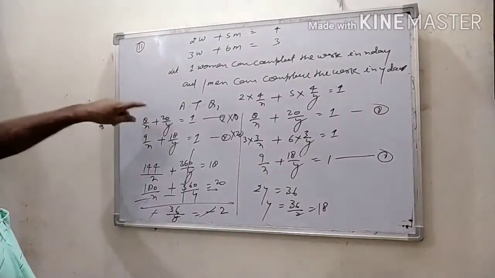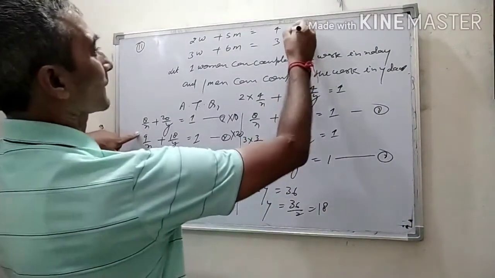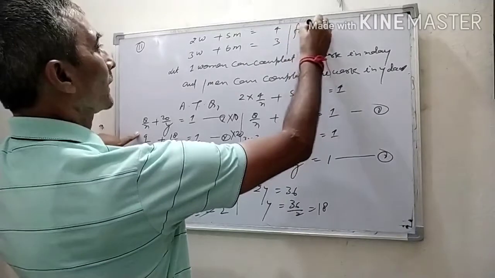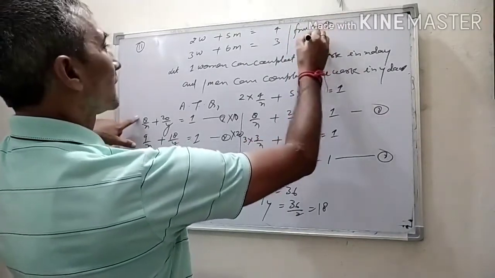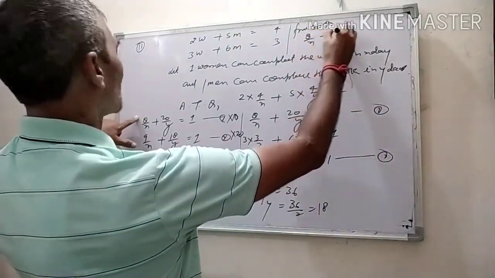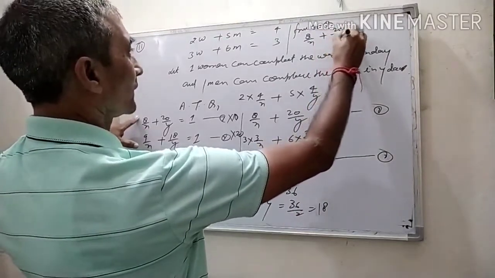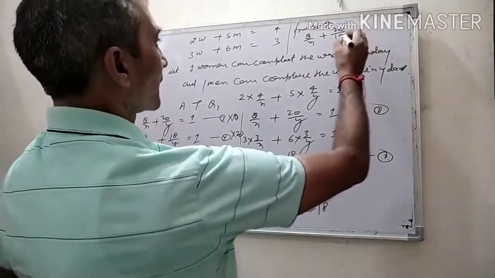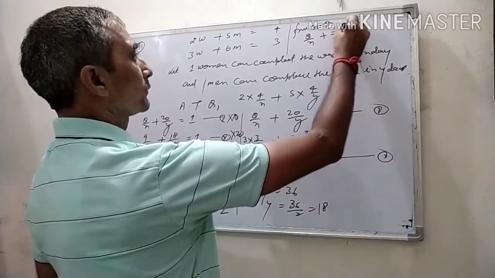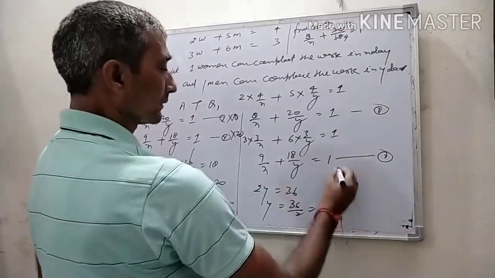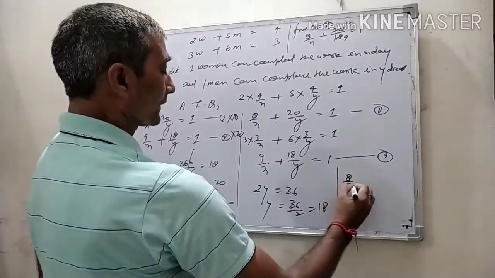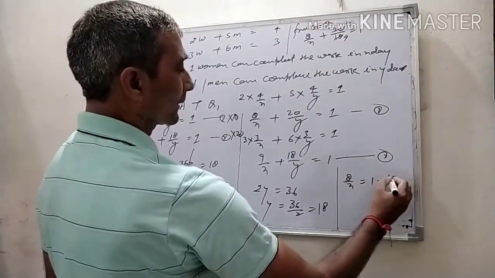Now come on, to find the value of x from equation number 1. From equation number 1, 8 by x plus 20 by 18 equal to 1. Now 2 nines are 18, 2 tens are 20. Here 8 by x equal to 1 minus 10 by 9.